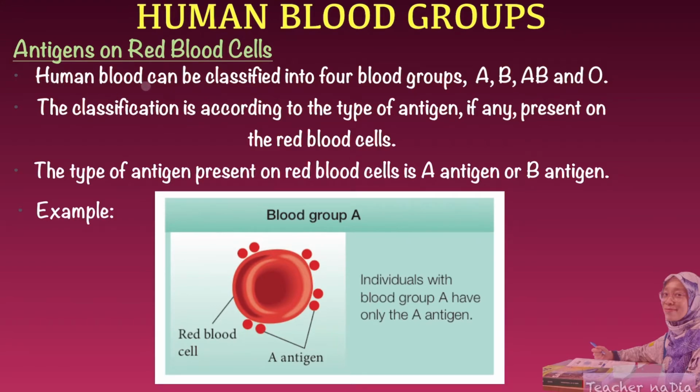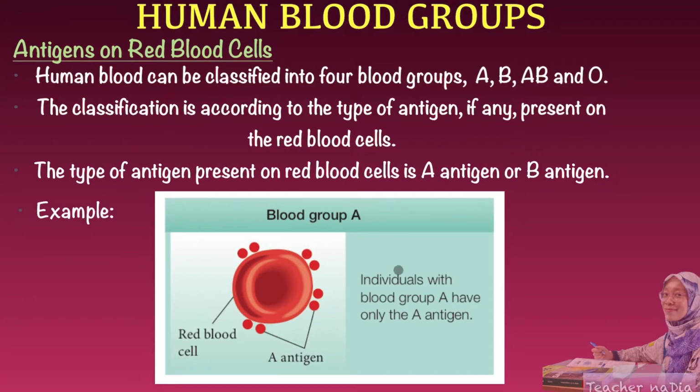Human blood can be classified into 4 blood groups, which are A, B, AB, and O. The classification is according to the type of antigen present on the red blood cell, either A antigen or B antigen, or it can be both.